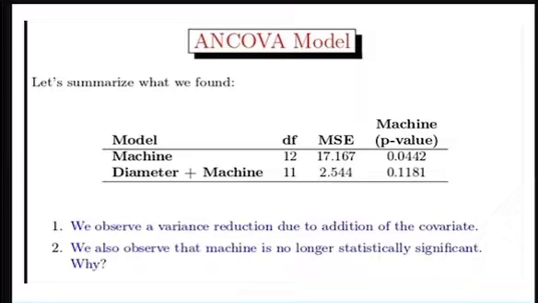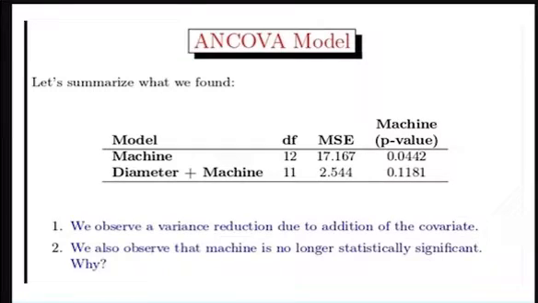Let me tell you this: what we celebrate in statistical analysis is when there's a reduction in the mean-square error. That is what we celebrate. That means incorporating the covariate, when the covariate is significant, leads to a drastic reduction in the mean-square error. That's what you are seeing here. Any question on this?